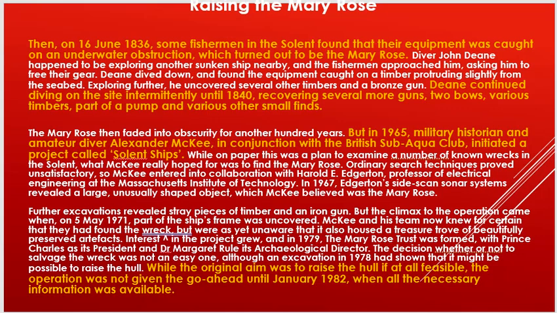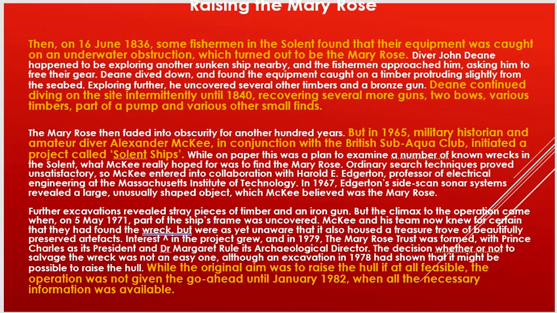I'm reading from the second line of the last para. Mackay and his team now knew for certain that they had found the wreck, but they were unaware that it also housed a treasure of beautifully preserved artifacts or historical objects. They didn't know that the Mary Rose's wreck treasured a lot of antiques.